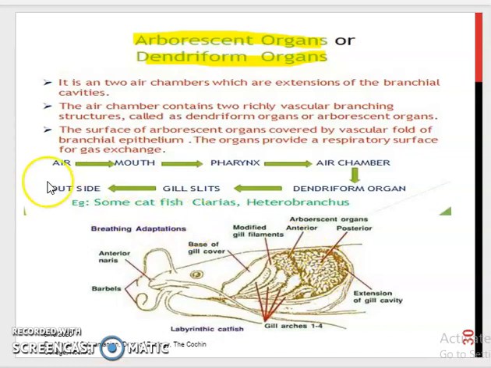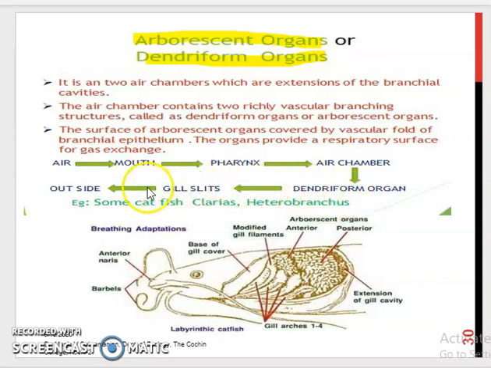So the air is taken into the mouth continuously, and the air reaches the pharynx, then the head chamber, then it reaches the dendriform organ and the gill slits. This dendriform organ is covered with highly vascular branchial epithelium, so the major dissolution of oxygen takes place here.